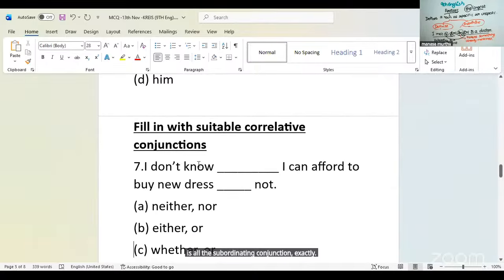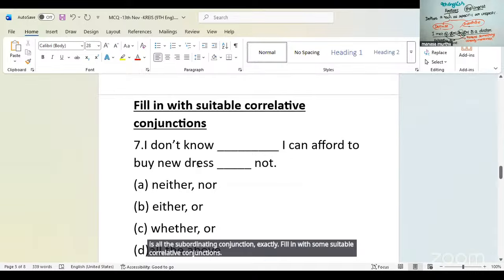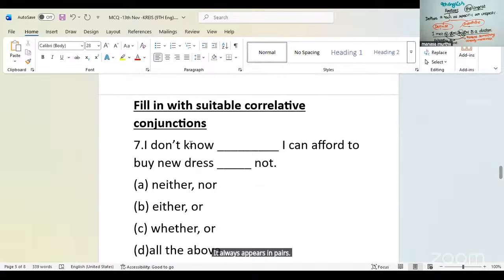Fill in with suitable correlative conjunctions. It always appears in pairs. "Dash, I can afford to buy the dress, dash not." I don't know.